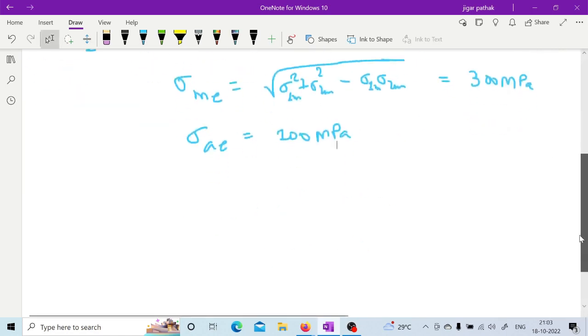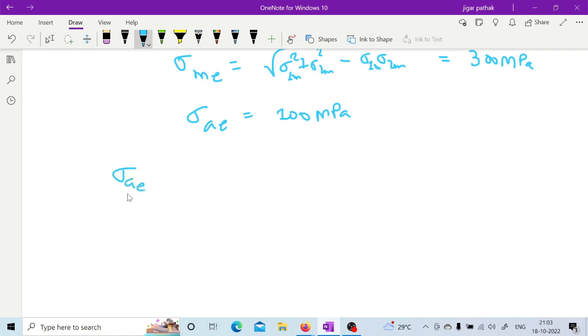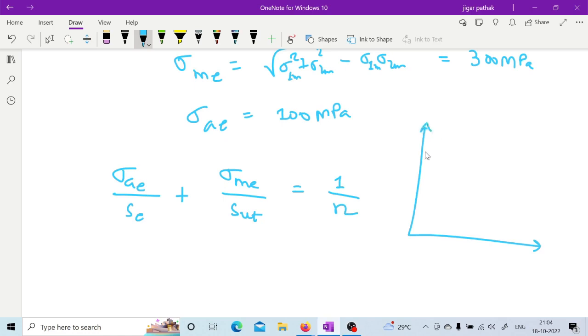And what is this Goodman line? That is sigma alternating upon this SE and this mean upon SUT is equal to this 1 upon n, because in your Goodman line you are having SE here and SUT here.